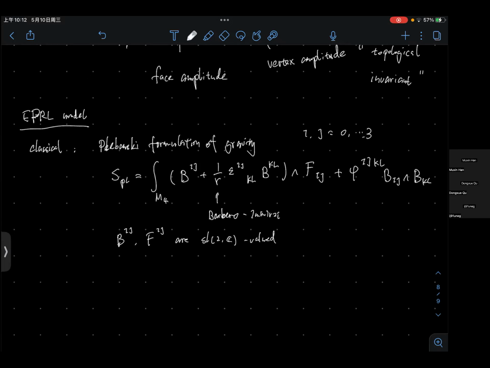That is different from the previous BF theory. Last time we only talked about BF theory with the SU(2) Lie algebra, and now it is the SL(2,C) Lie algebra. The idea is simple because the gauge group of gravity in 4 dimensions is the Lorentz group, SL(2,C).